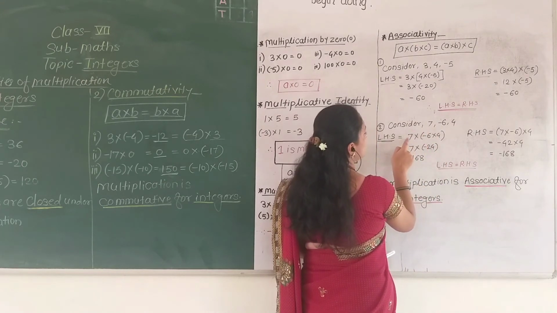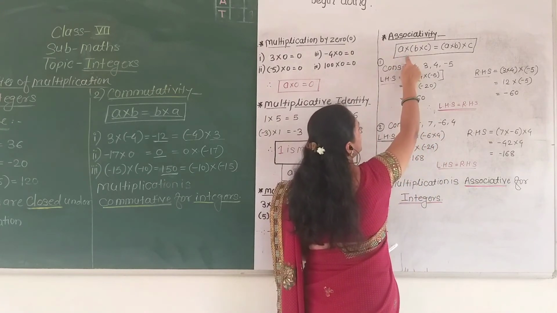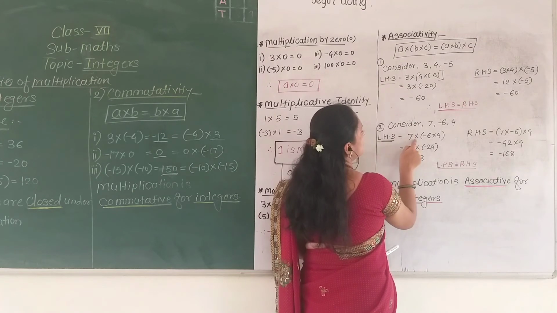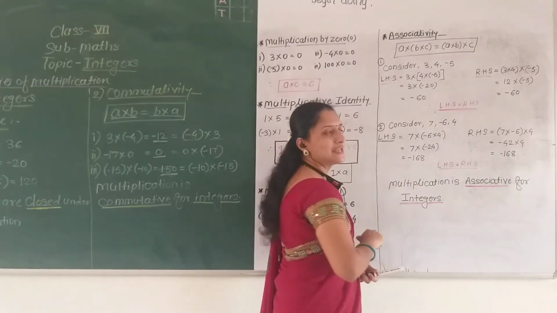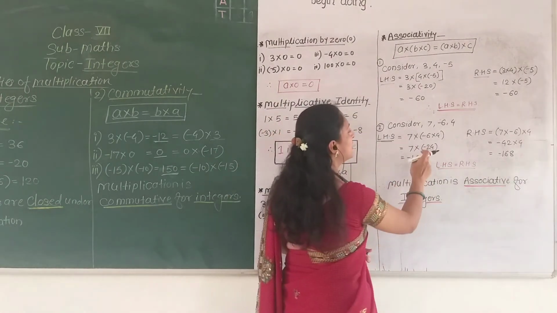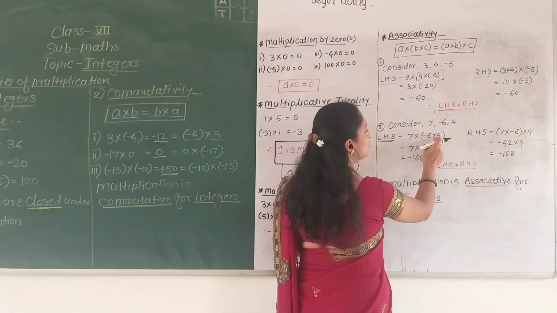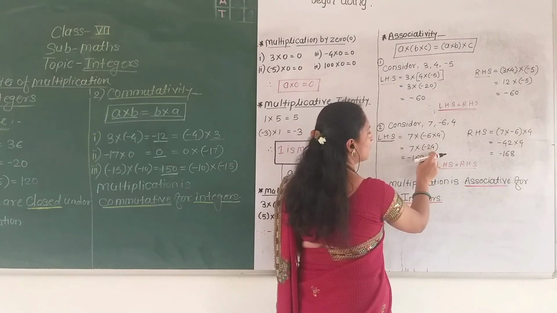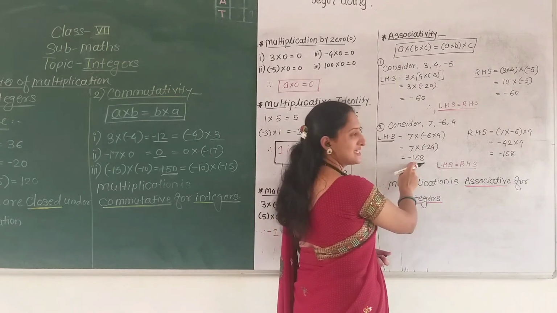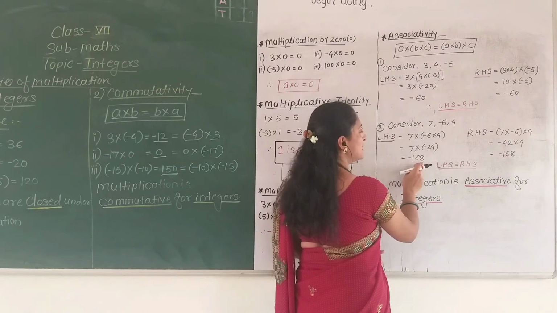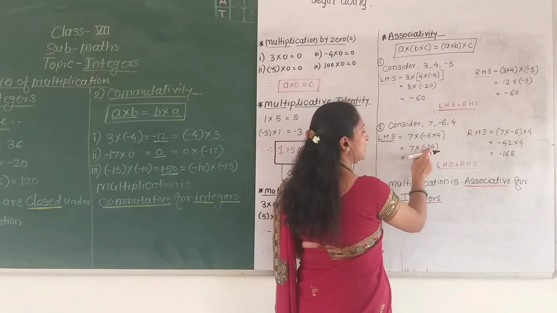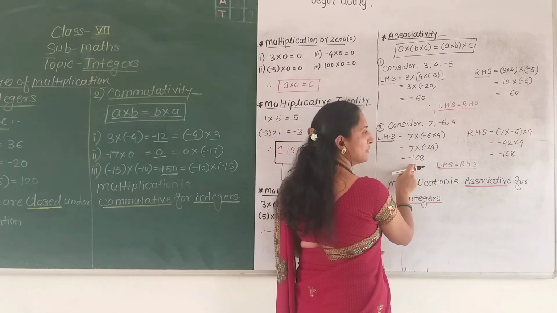First the LHS, that means A into B into C. First we have to solve this bracket: negative 6 into 4, that is negative 24. And 7 into negative 24 is negative 168, since positive into negative, the answer is negative.